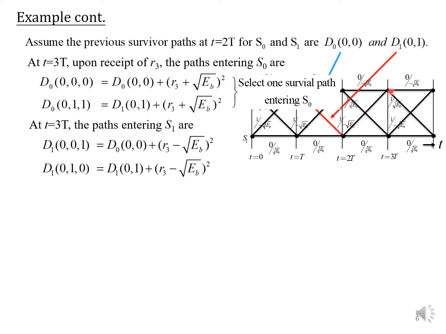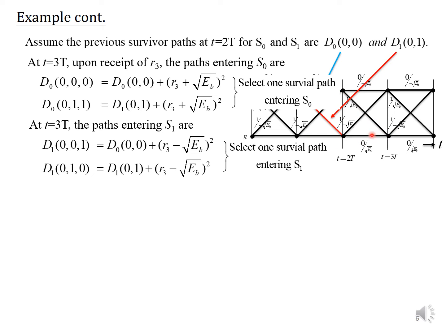Say we select one survival path entering S0 for the third symbol, with the accumulated path distance. Similarly, we select one survival path entering S1 here, by accumulating the previous survival paths with the two possible new paths.